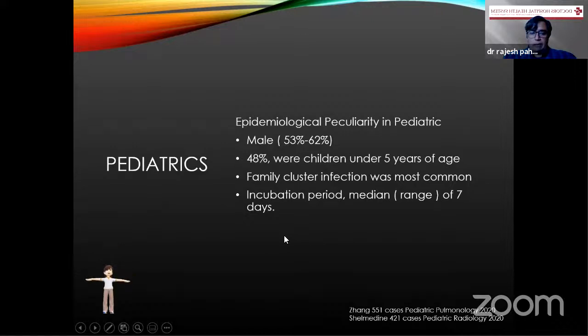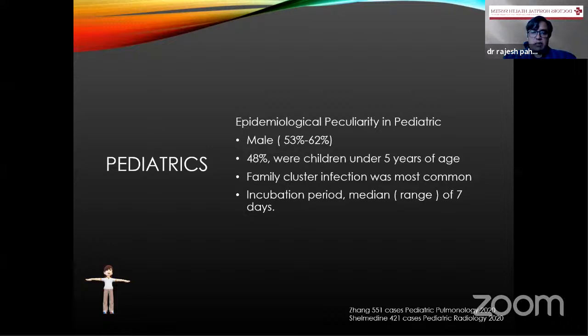Just one or two slides on pediatrics. There is an epidemiological peculiarity in pediatric patients, as described by Zhang in 551 cases in the Pediatric Pulmonology journal, as well as in 421 cases in the Pediatric Radiology journal. There is a male predominance, and 48% of the children were under 5 years of age.